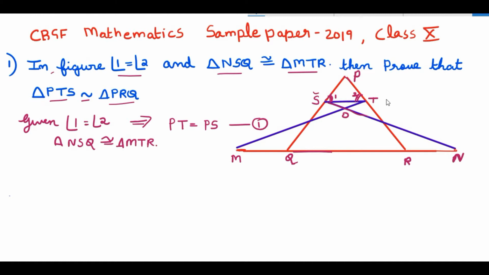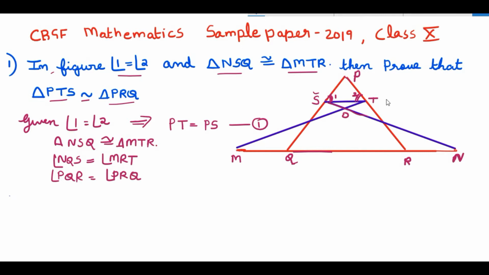Now, triangle NSQ is congruent to triangle MTR. That means the corresponding angles will be equal. I can write NQS will be equal to MRT. Again, I can write PQR equal to PRQ.